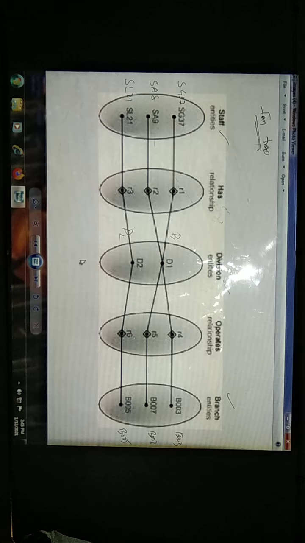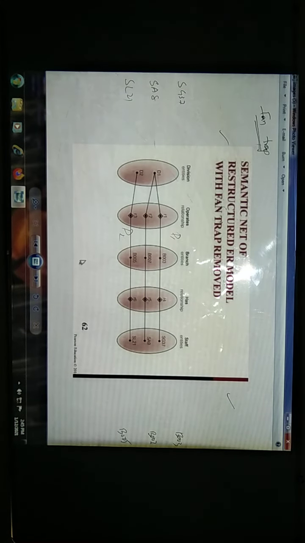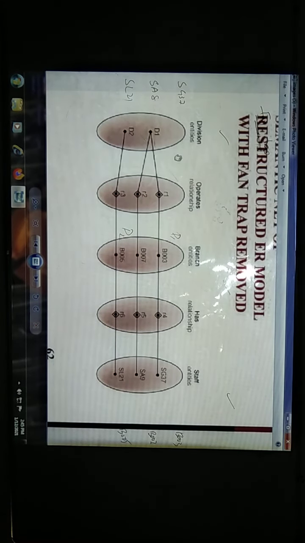We can't answer it. So consider if we are changing the entities' places and mentioning the relationship between them, then what will happen? See the difference. This is also the same relation that I have taken. We are having division, we are having branch, and we are having staff.